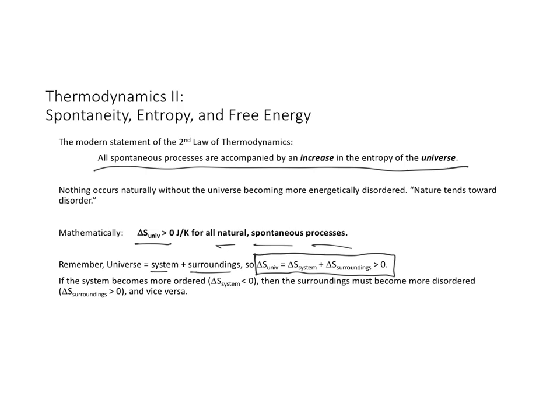So if the system becomes more ordered, so the entropy change of the system is less than zero, then the surroundings must become more disordered. Entropy change of the surroundings is greater than zero, so that the sum of system plus surroundings is greater than zero. That's the second law.